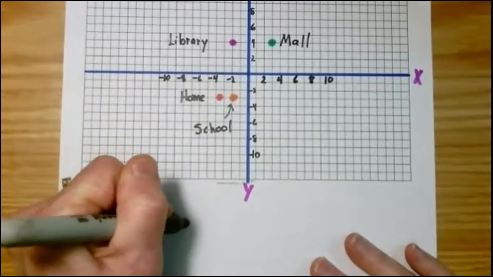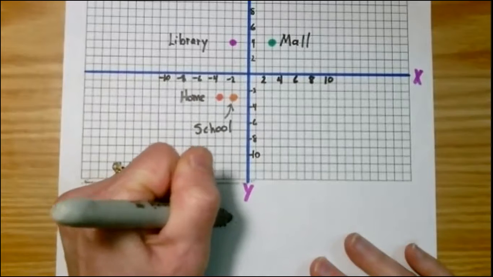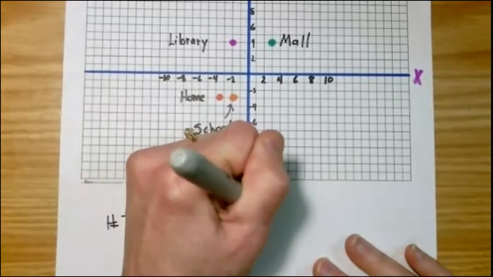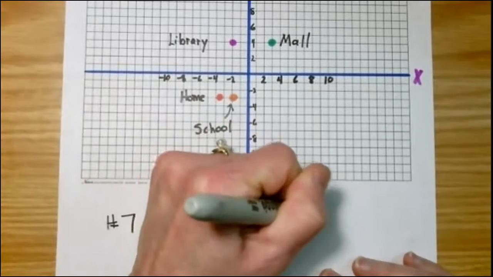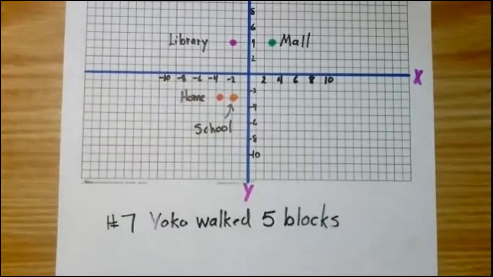So number 7, Yoko walked 5 blocks. Okay, that's number 7. Number 8, if Yoko walks 1 block in 3 minutes, how long does it take her to walk from the school to the library?